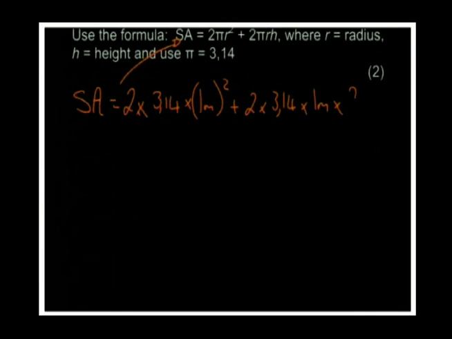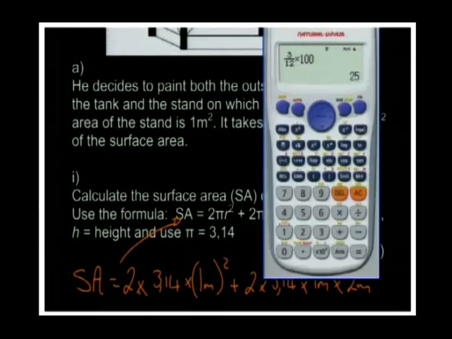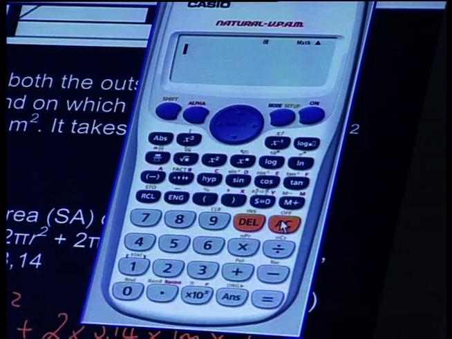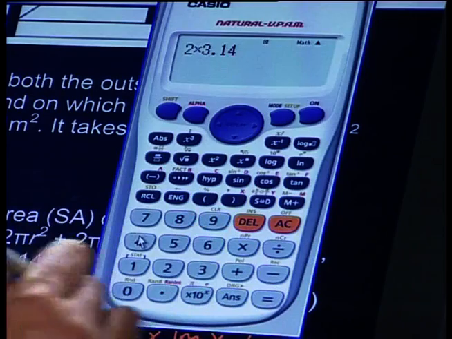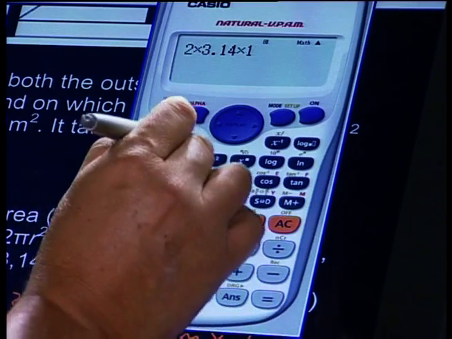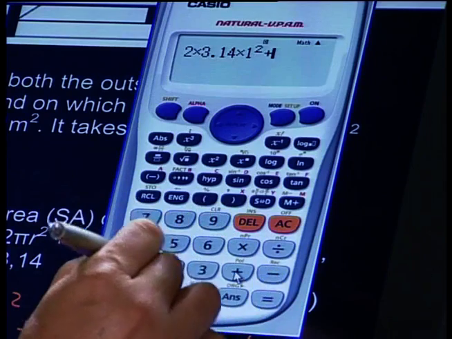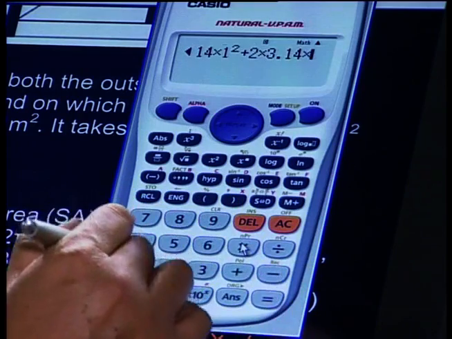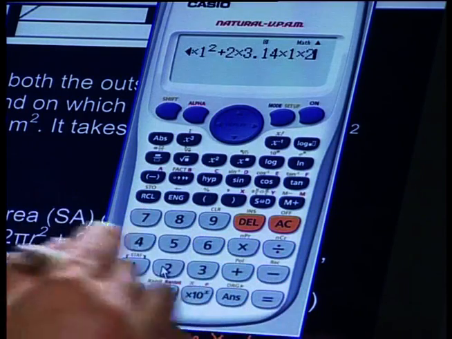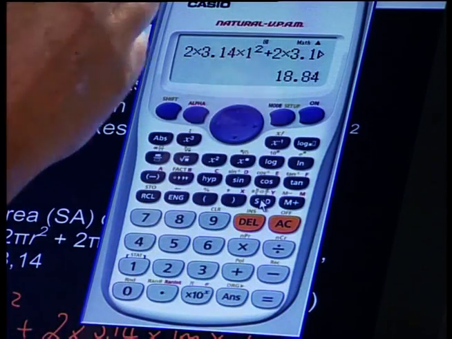So times 2 meters. Now all we've got to do is throw all this information into the calculator. Let's clear our calculator: 2 times 3.14 multiplied by 1 squared, plus 2 times 3.14 times 1 times 2, equals, voila, there's my answer, 18,84.